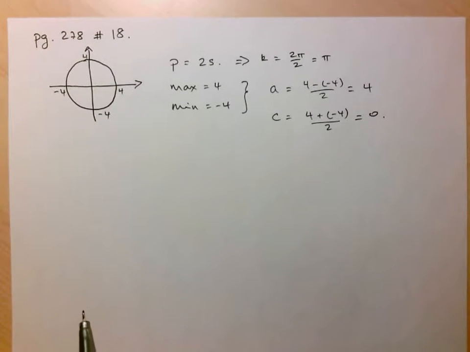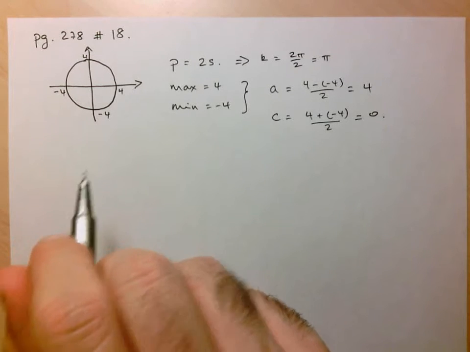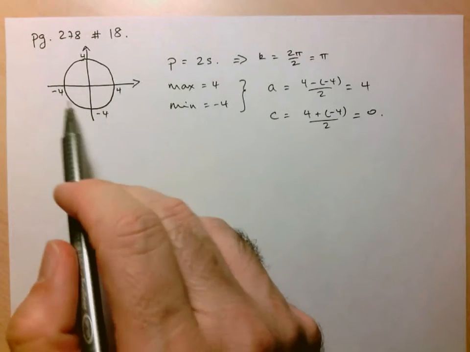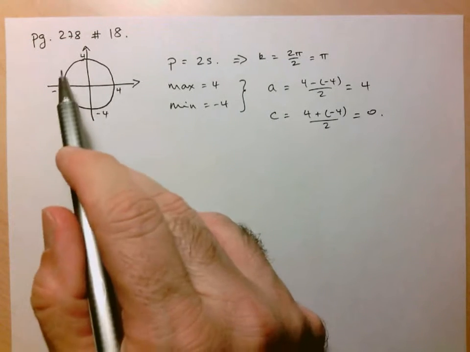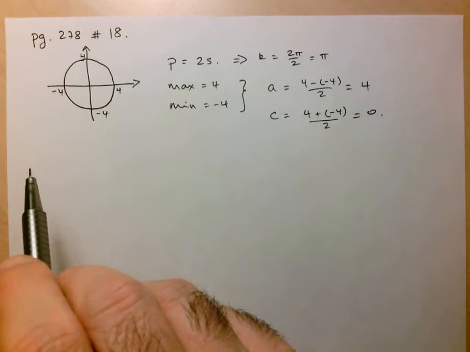Now, question is, do we need a phase shift? If you notice in part A, they're actually telling you to use a sine function to model the behavior of the x position. Now they haven't told us in what direction this is turning. It could go counterclockwise or clockwise. They're not giving us a starting point.